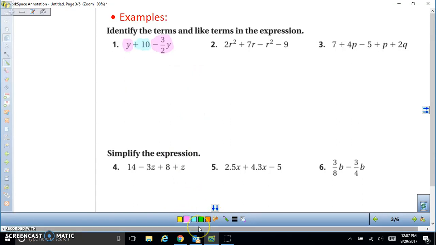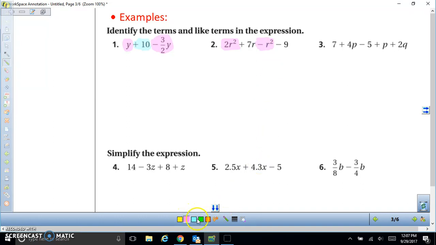All right, let's go to example 2. Again, you need highlighters here. Okay, we are looking for anything that has an r squared that matches up with 2r squared. So anything that has an r squared, 7r does not have an r squared. Negative r squared, like terms. These two are like terms.